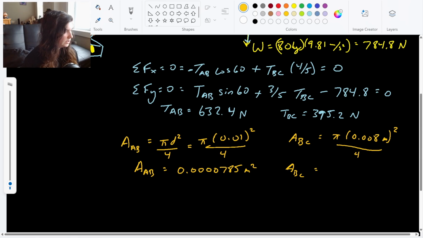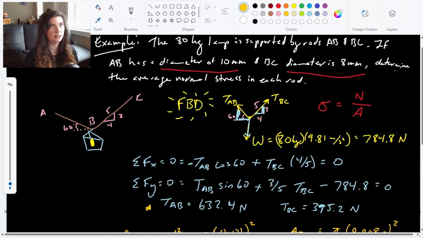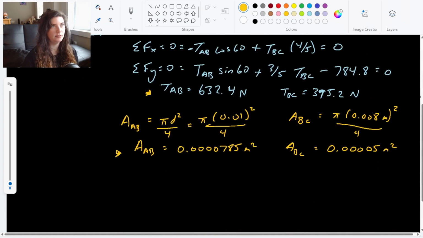When I punch it in, I got 0.00005 meters squared. So I've got a tension, I've got an area, perfect. Now I can finally do what the problem asked of me and calculate the average normal stress in each rod.